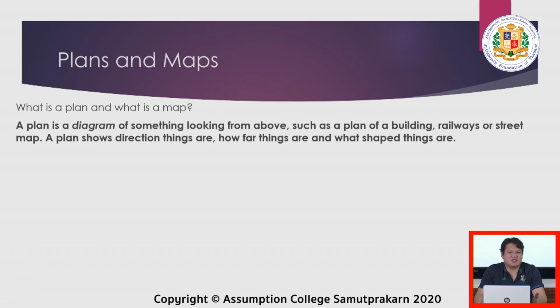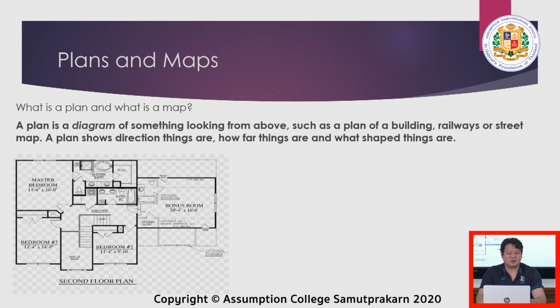Now, what does a plan do? What is the purpose of having a plan? A plan shows the direction things are, how far things are, and what shape things are. I'm trying to say that a plan is very detailed.